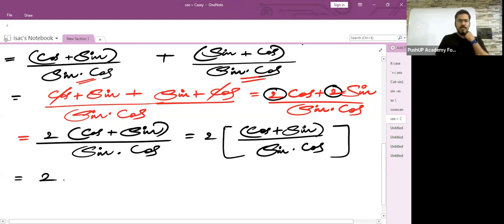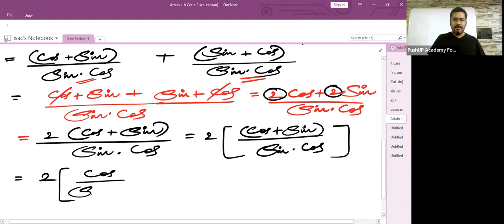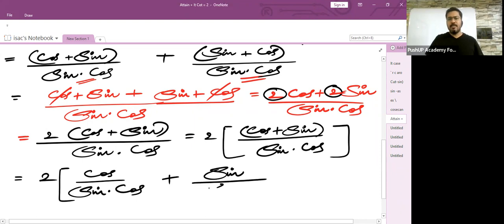This is equal to 2 into, can't I apply the same logic, dividing the numerator with the denominator individually? So I will take cos divided by sine into cos, plus sine divided by sine into cos.